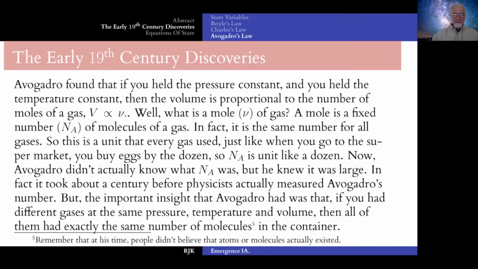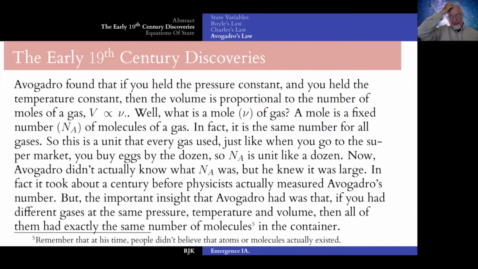And just like when you go to the supermarket, you buy eggs by the dozen, N_A is a unit similar to a dozen. But Avogadro, when he posited this number, didn't actually know what it was, but he knew it was very large. It, in fact, took about a century before physicists actually measured Avogadro's number.